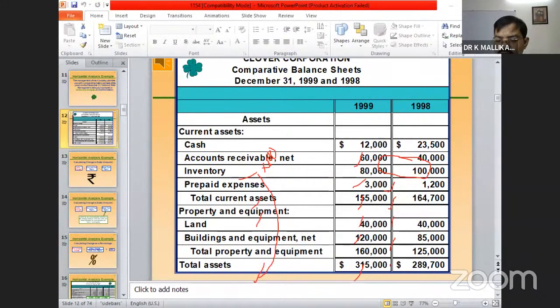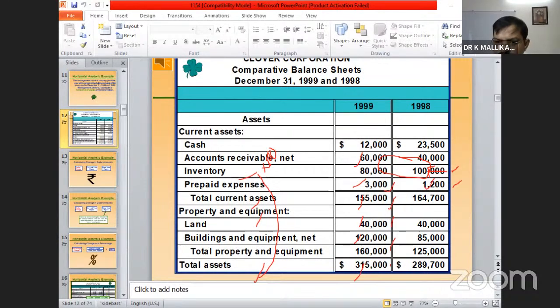So what is our interpretation here? To compare with the previous year, the total assets, the cash position: earlier cash is 8%, now the cash increased to 17%. Accounts receivable, previous year it was 26%, this year only 25%.